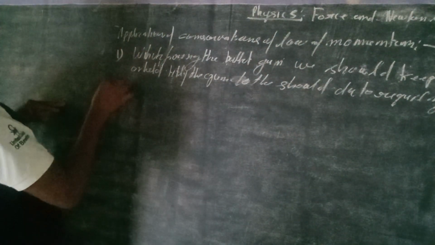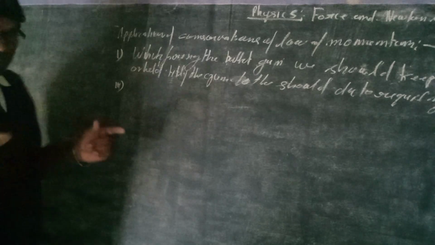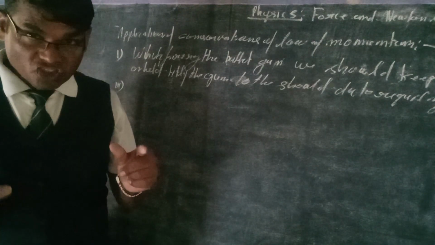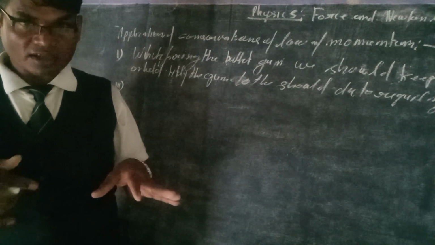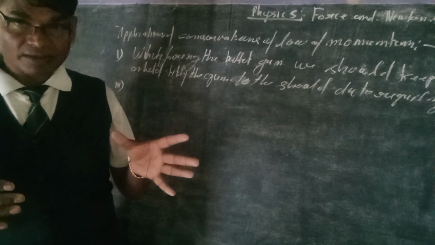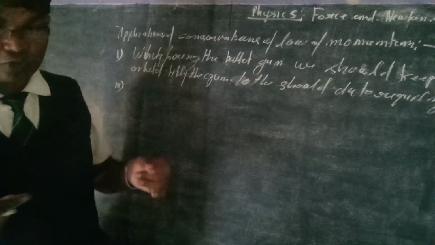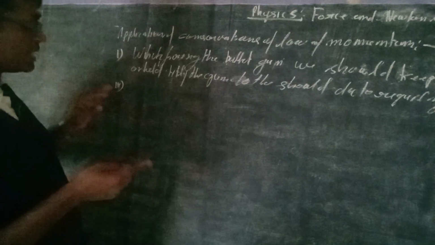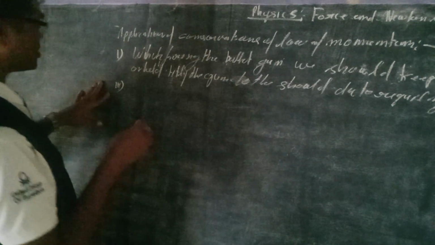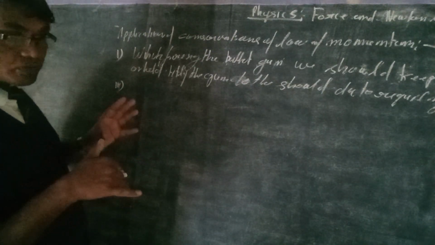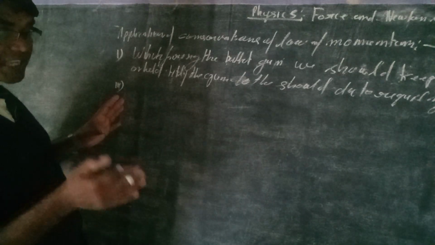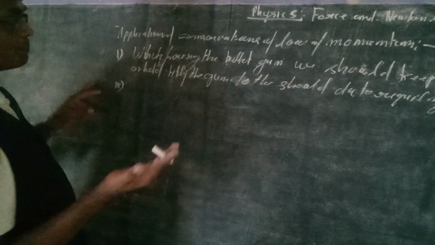In the second example we will try to understand that when a boatman jumps from the boat into the water, at that time the boat slightly moves away in the water after jumping.